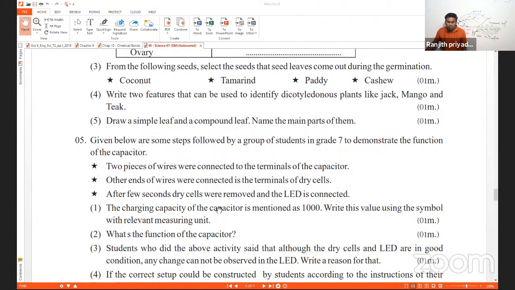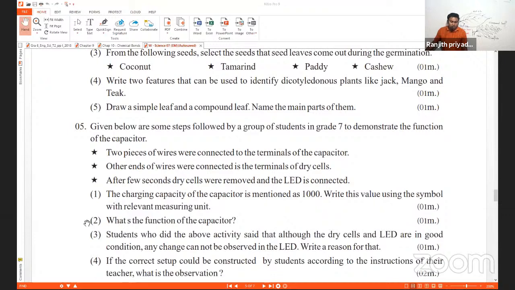First question. The charging capacity of the capacitor is mentioned as 1000, what unit? Capacity is measured in farads. In such an important question paper, the unit was not given. Big mistake.